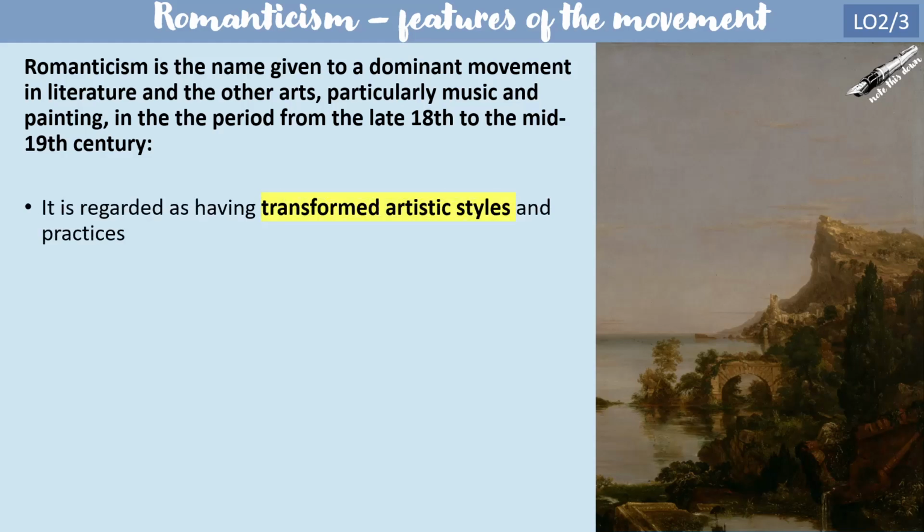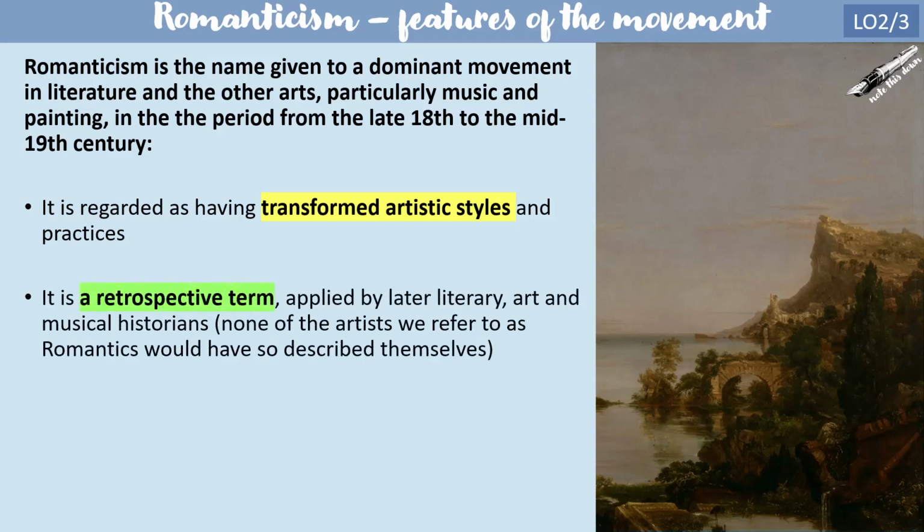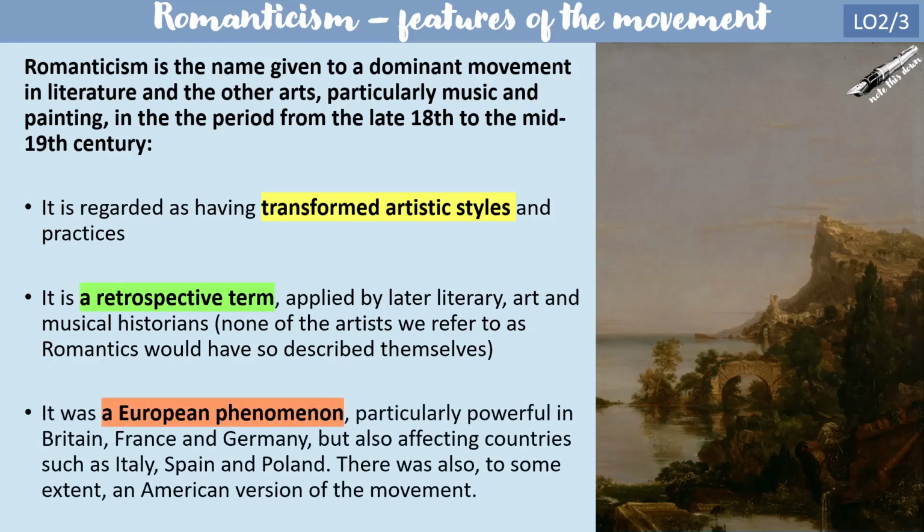It's regarded as having transformed artistic styles and practices. It's a retrospective term, so it's applied anachronistically or later by literary, art and music historians. So none of the artists or poets in the Romantic era would have described themselves as romantics or romantic writers.